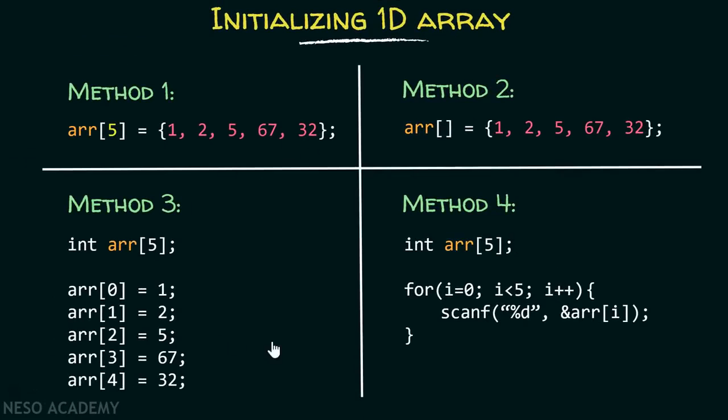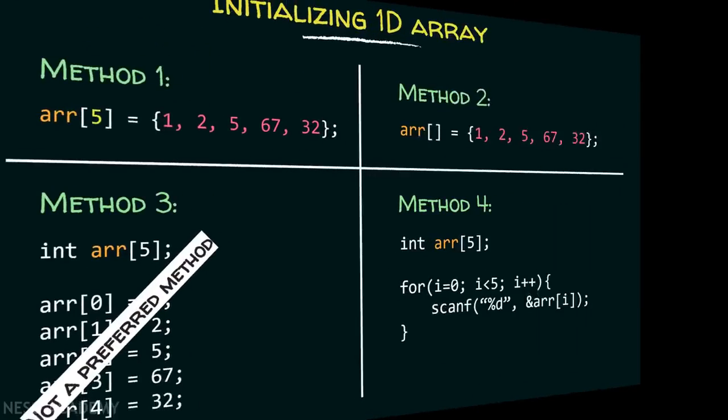All these methods are correct, but this is not considered to be a preferred method because it is quite cumbersome to mention all these indexes and then one by one enter elements in these indexes. It is quite cumbersome, right? That is why I will not prefer this method. Again, writing in this way is also not a preferred one. Instead of this, you can write in this way.